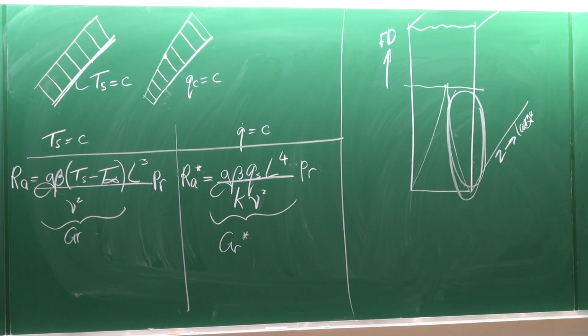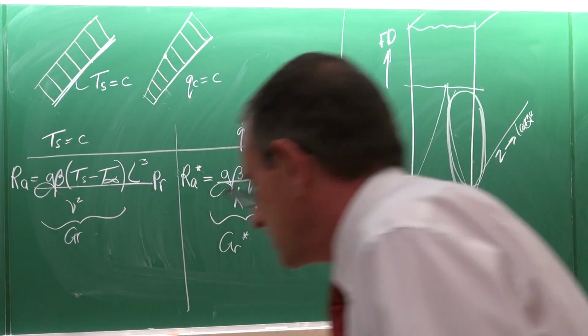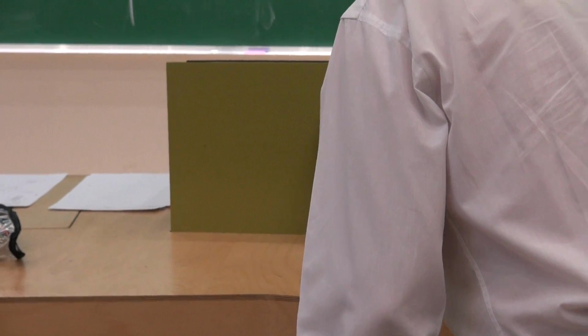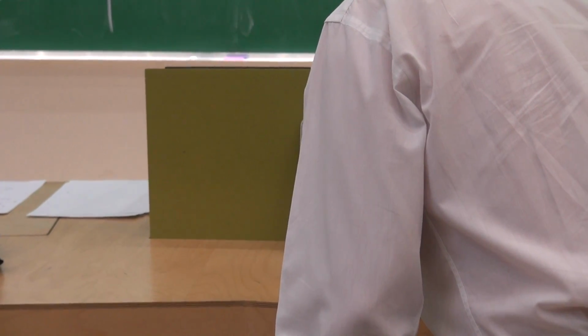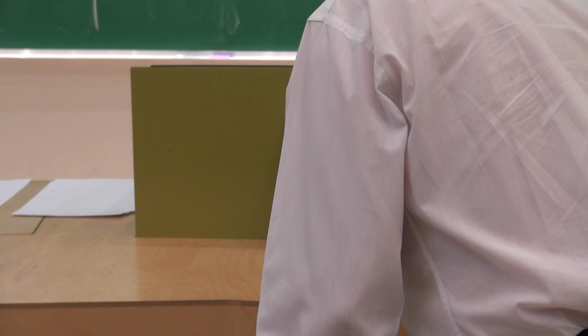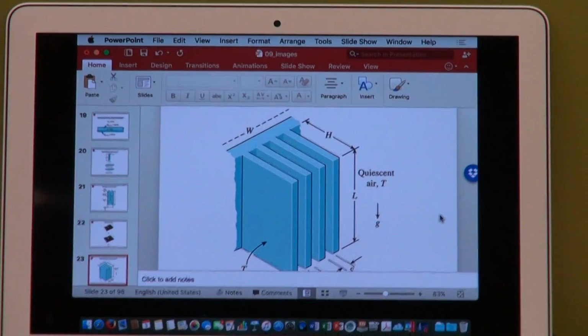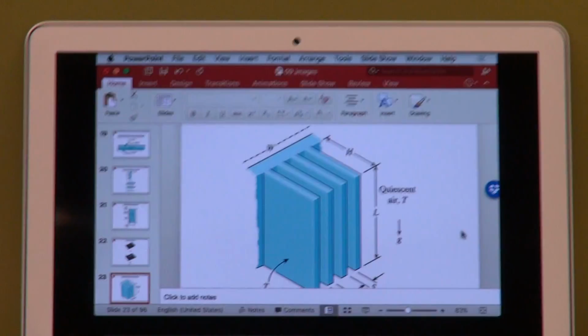Now the next part of the work is about fins. If I can get out of here quickly, let me see if I can show you a better sketch. There are many applications of convection heat transfer from electronic components.